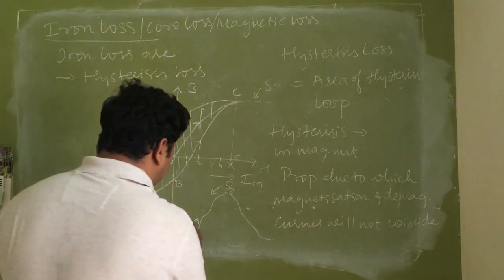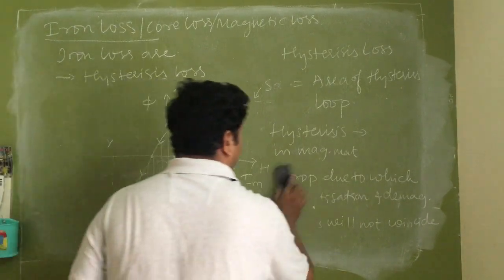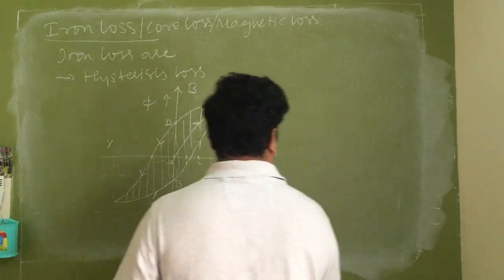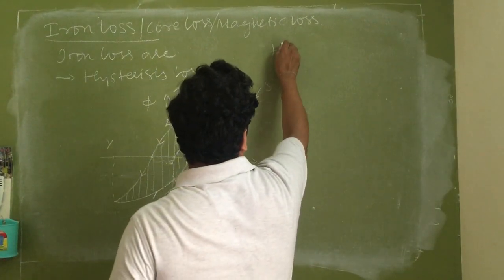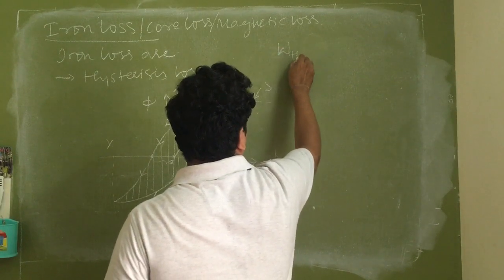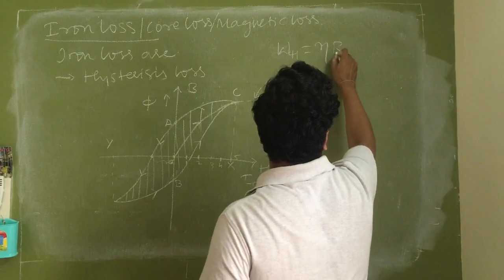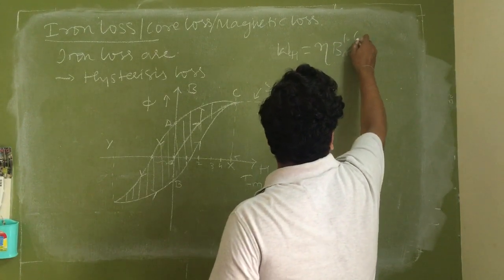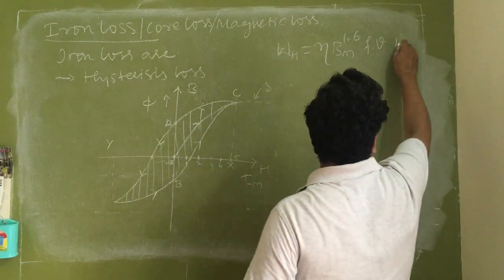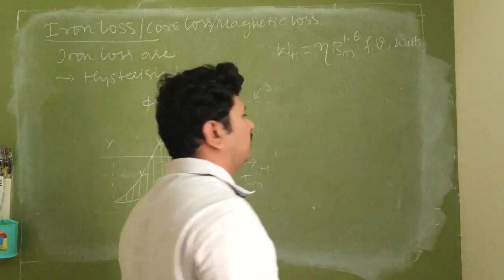There is an empirical formula for hysteresis loss. Hysteresis loss W_H is given by eta times Bm raised to 1.6 times F times V, in watts.